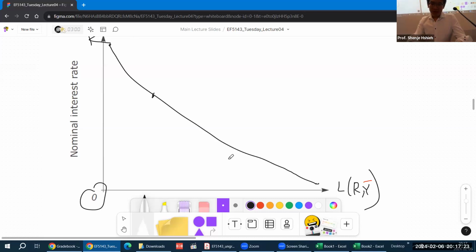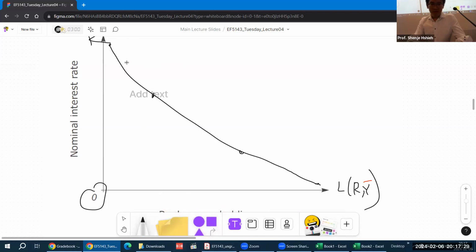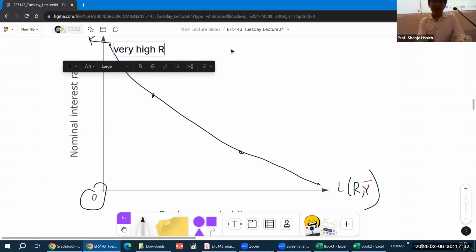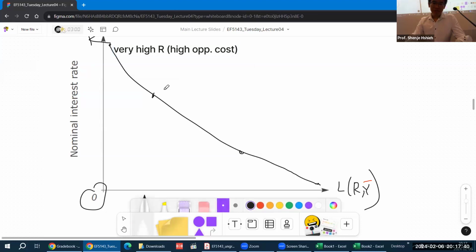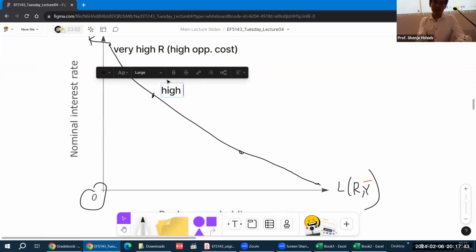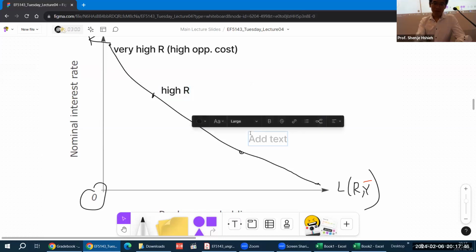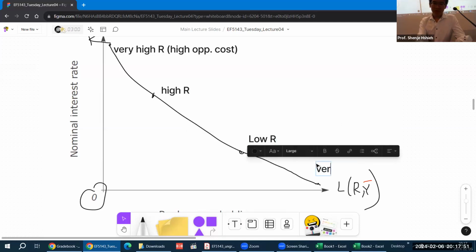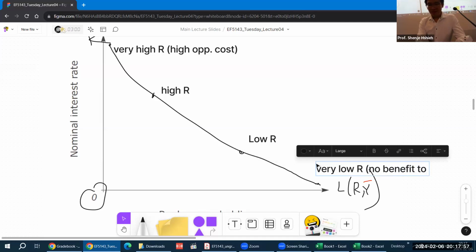So for intuition, I'll give you some points here to highlight it. Here you have very high R, so high opportunity cost. Just high R, and then low R. Very, very low R means no benefits to holding cash, so low opportunity cost.